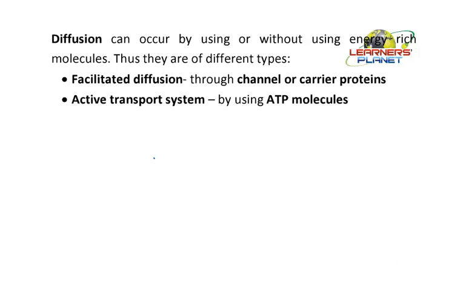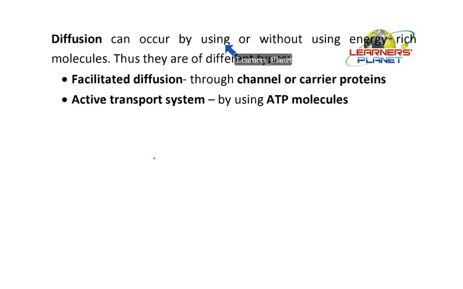Diffusion can be classified on the basis of consumption of energy-rich molecules. What we mean by this is, diffusion may take place without using any energy-rich molecules. It is going in a downhill manner.